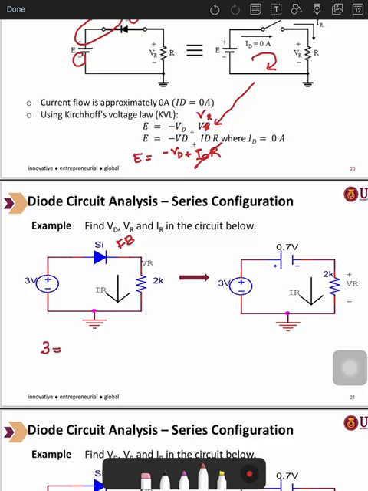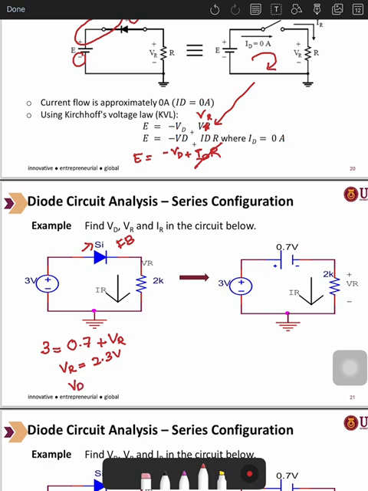3 is equal to 0.7 plus VR. 0.7 is actually the voltage inside the silicon diode. And then, what is the value of VR? We just subtract. So VR is equal to 2.3 volts.